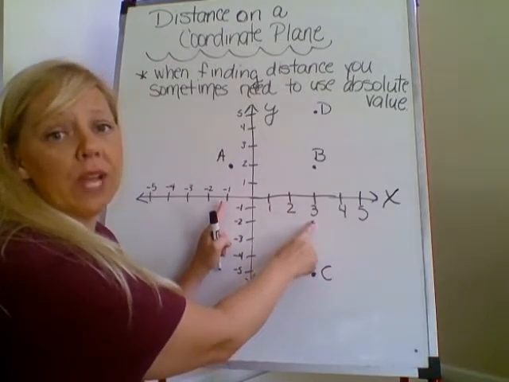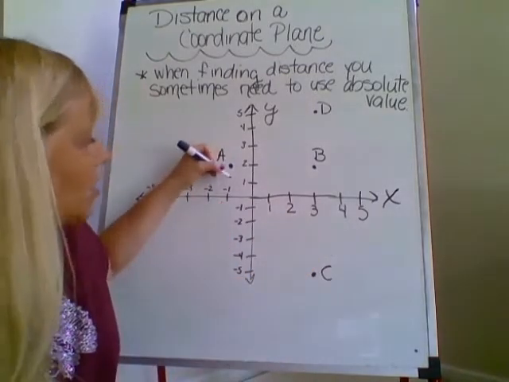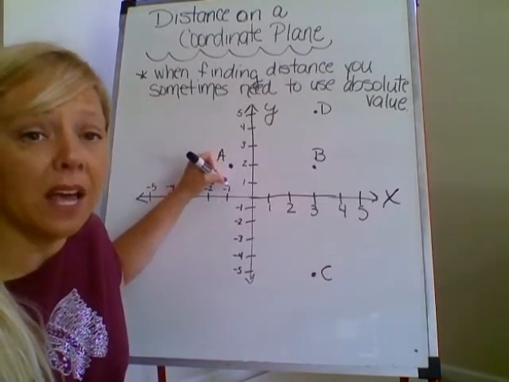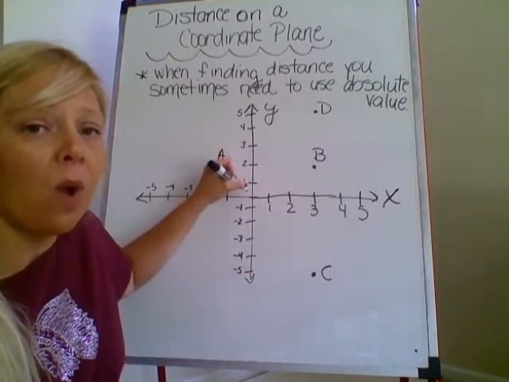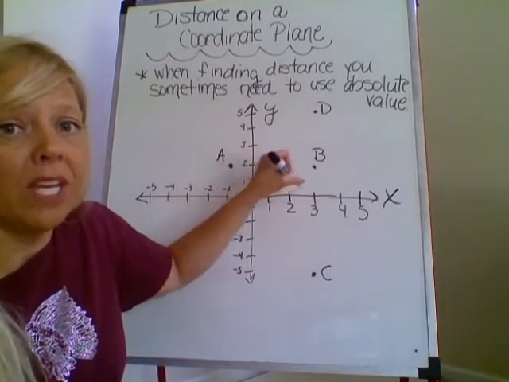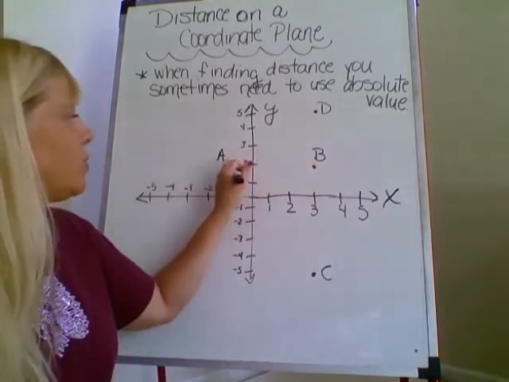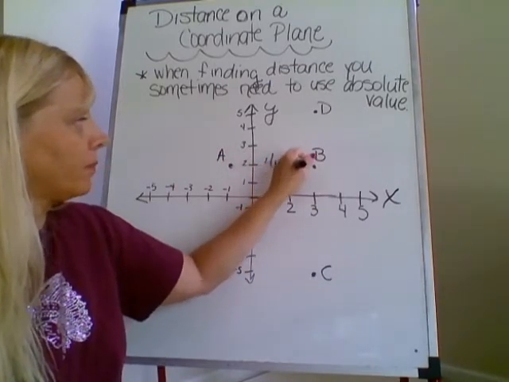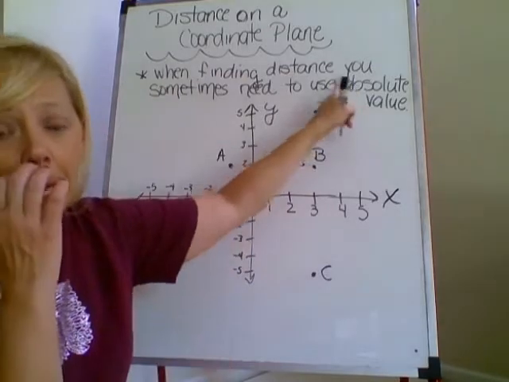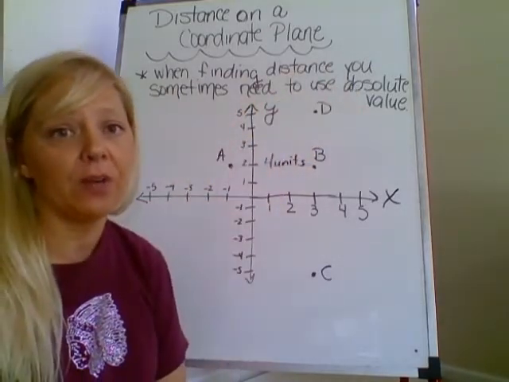So from going from -1 to +3, I just need to figure out how many points that is away from each other. So from -1 to 0, it's 1, 2, 3, 4. So the distance between A and B is 4 units. So again, this is a case where we would need to use absolute value.